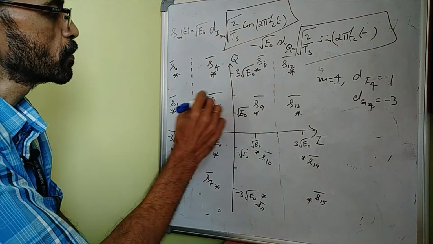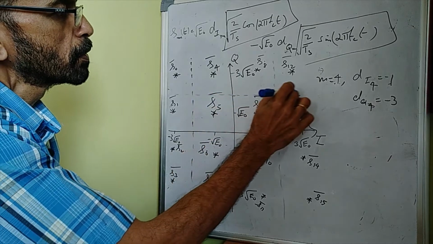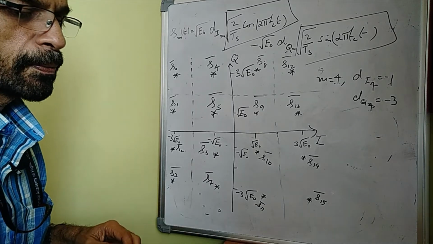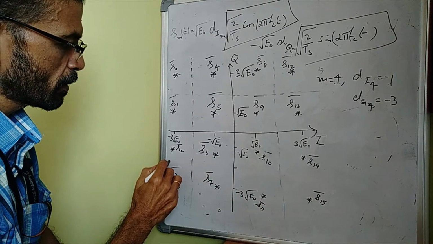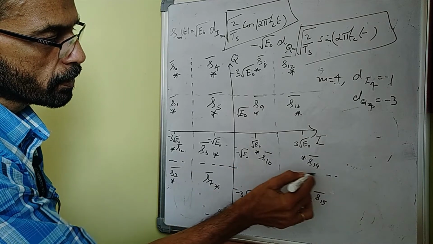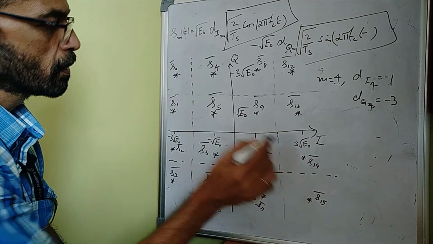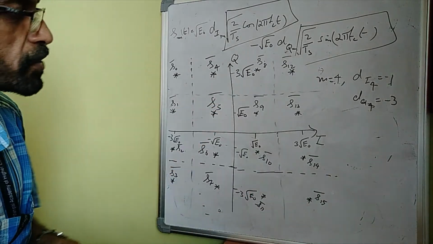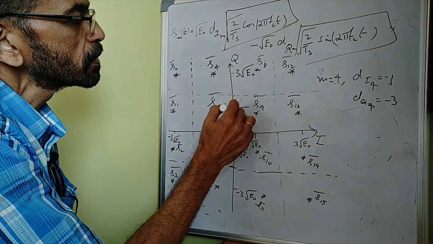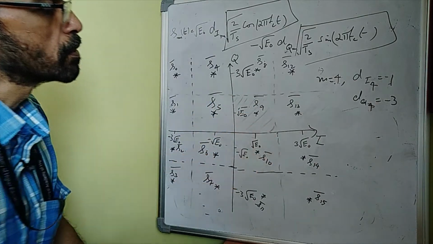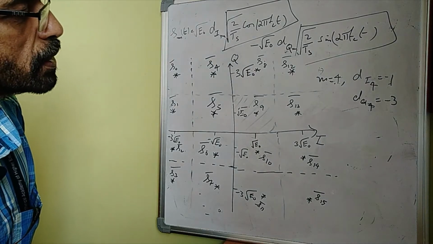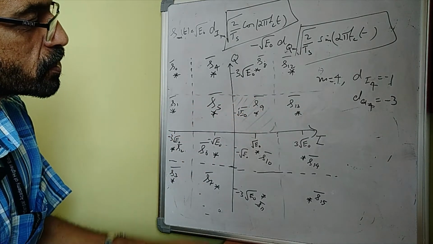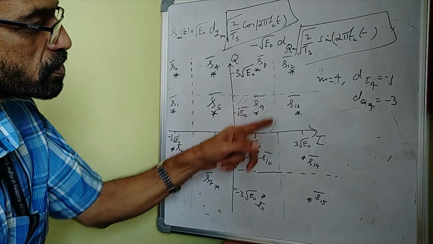And you can have similar partitioning like this horizontally as well. So this region, this is the way we partition. This region belongs to the signal S9T, or the symbol mapped onto S9T. So this region is belonging to that.